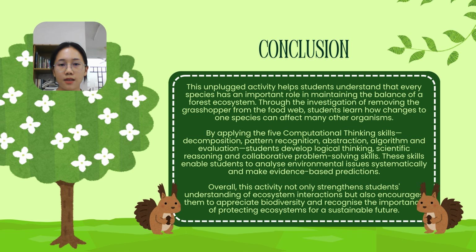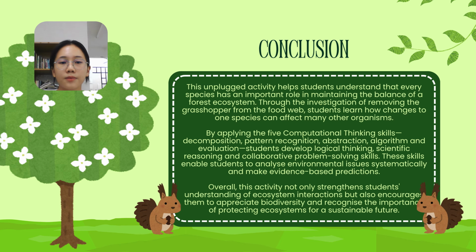Throughout these activities, the students apply the 5 computational thinking skills: decomposition, pattern recognition, abstraction, algorithm, and evaluation. These skills help the students break down the complex problem, identify the relationships, focus on relevant information, and evaluate the solution using scientific evidence.